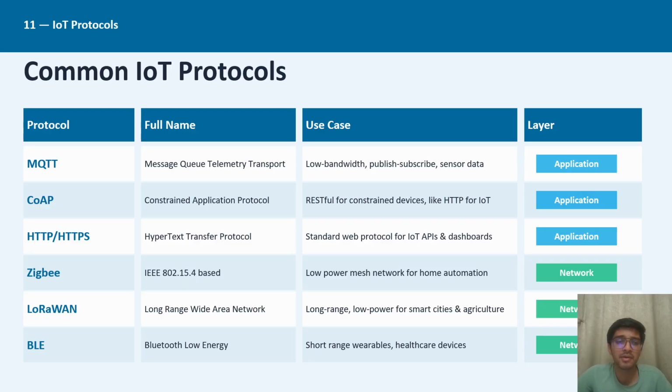At the network level, ZigBee creates low power mesh networks for smart homes. LoRaWAN enables kilometer range communication on a tiny battery, used in agriculture and smart cities. And the last one is BLE, Bluetooth Low Energy, which powers fitness trackers and medical wearables and all the other smart devices. So protocol choice depends on range, power budget, and the bandwidth needed for a particular device.